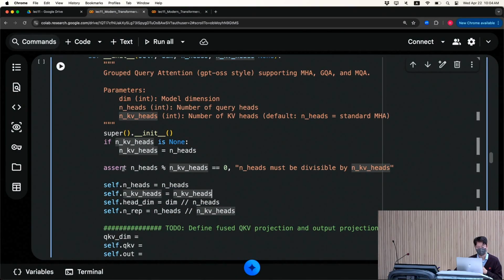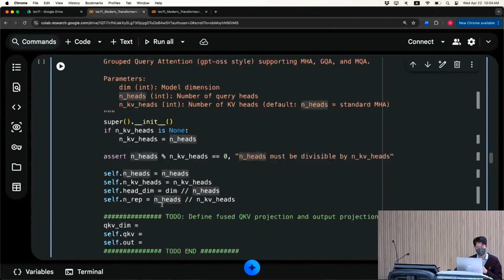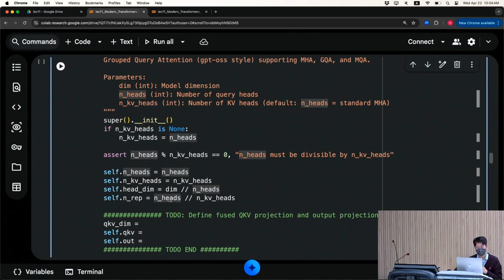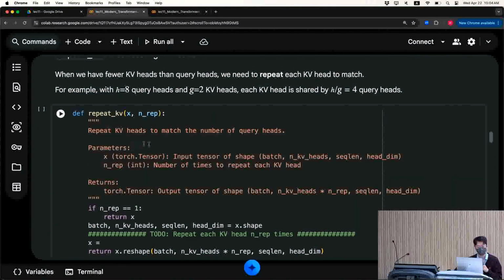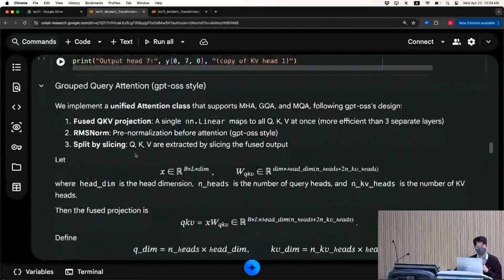And of course, these have to be divisible, so we can make n-to-1 correspondence. So let's see. If you divide number of heads by number of KV heads, that's the number of repetitions you need to do to plug in to our helper function here, repeat KV, right?